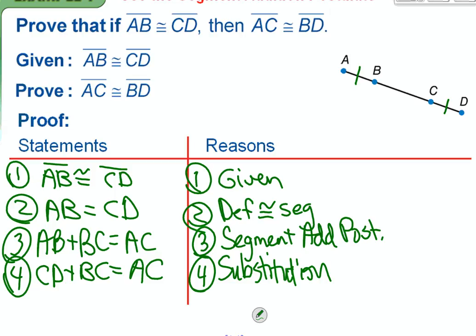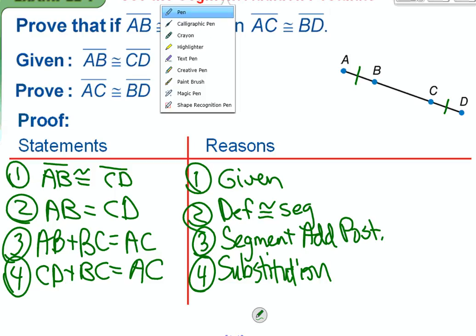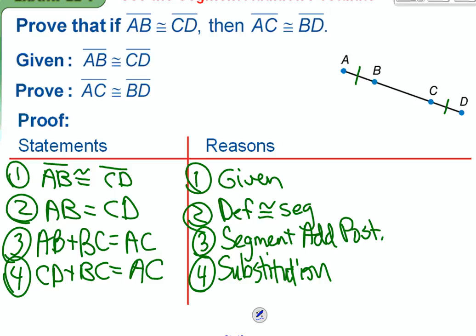Now, I want to look at my picture again. And now, think about what these two things make on the picture. I've got CD right there. I've got BC right here, and I'm adding those together. Well, if I look at this picture, if I add this little piece plus this little piece, give me a head nod if you agree that it's that whole thing.